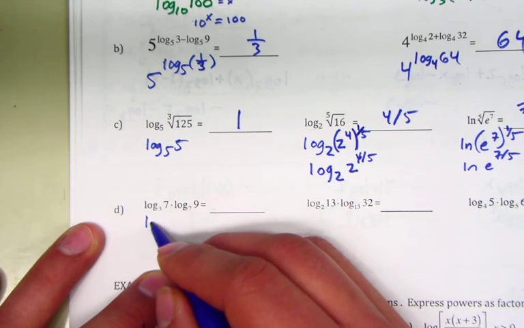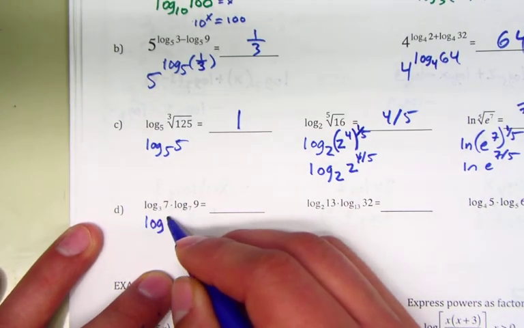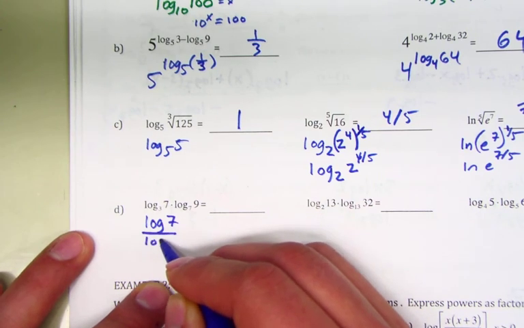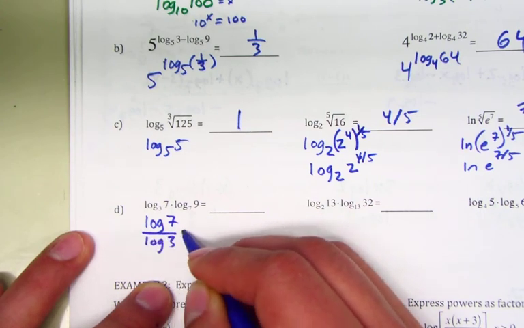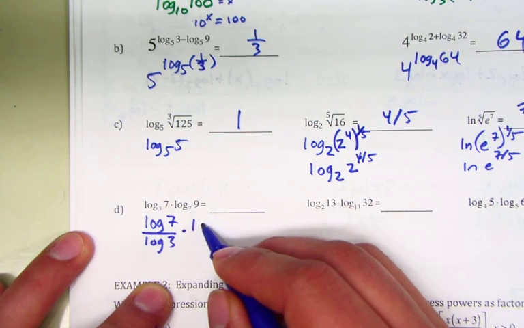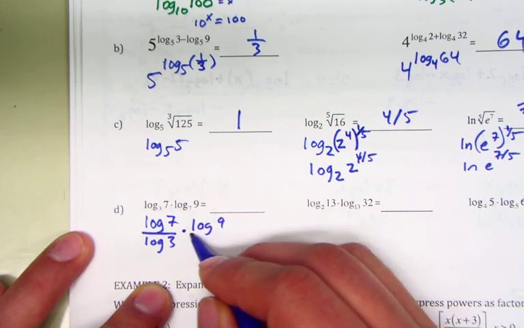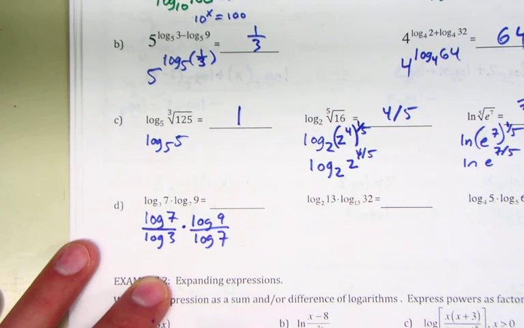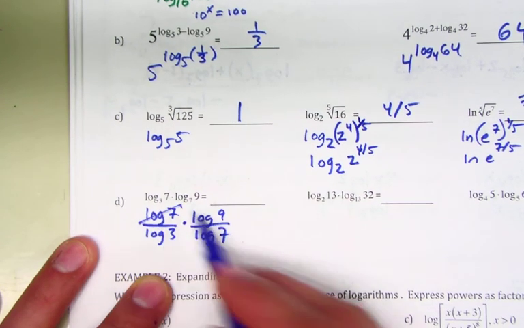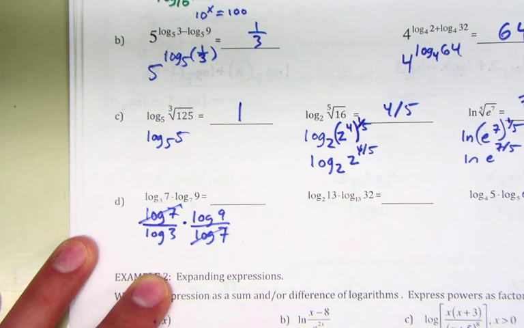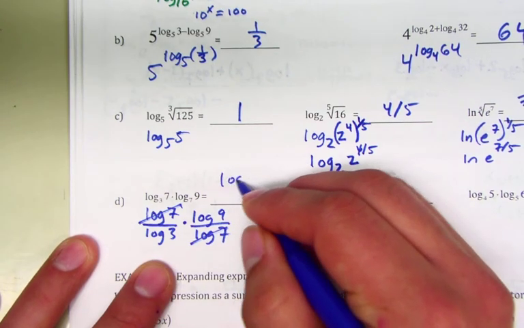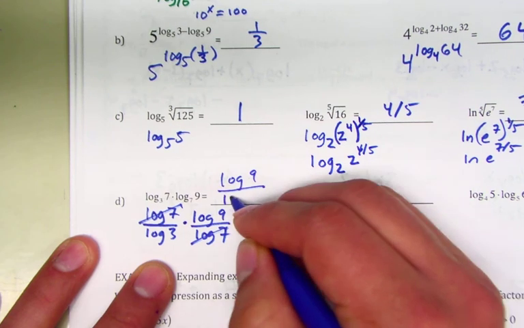This is the same as log 7 divided by log 3 times log 9 divided by log 7. How does that help us? Yeah, so we actually can simplify it, and we're going to get log 9 over log 3.